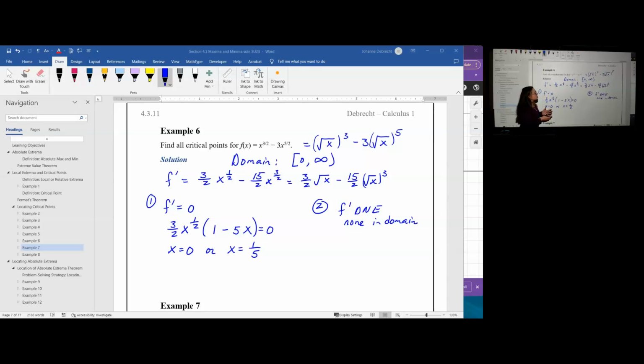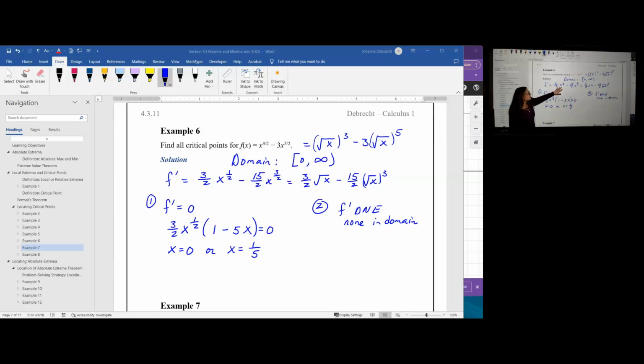For this example, it's helpful to rewrite the fractional exponents in their square root form. The 3/2 power is the square root to the 3rd power, and the 5/2 power is the square root to the 5th power. This makes it clear that the domain includes 0 and goes to positive infinity, but excludes all negative numbers.